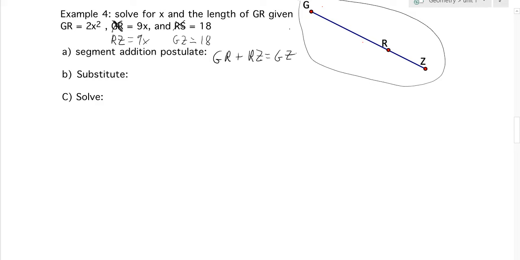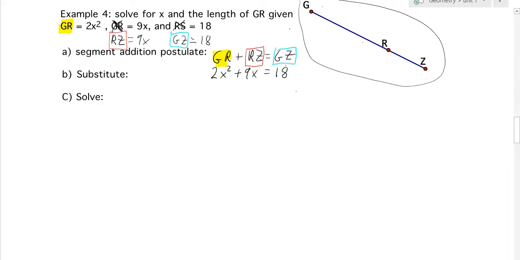And now we can substitute, replacing GR with what we know GR is equal to, 2x squared, plus substituting, replacing RZ with what we know it's equal to. And lastly, substituting, replacing GZ with what we know it's equal to.